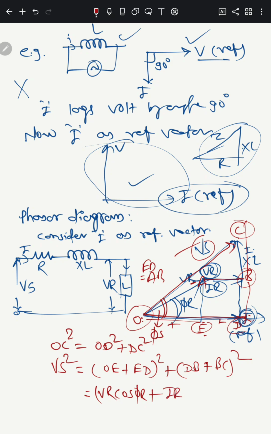So here I will write IR square plus DB, this part D and B. So this part can be written as VR sin phi r plus BC, it is I into XL.